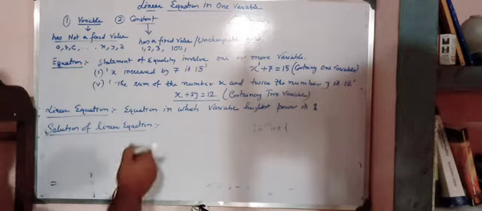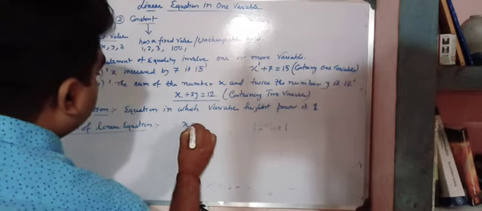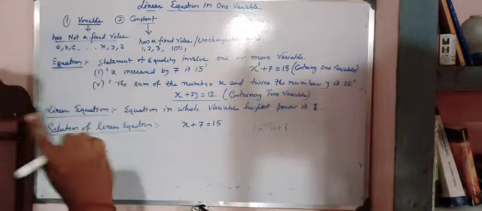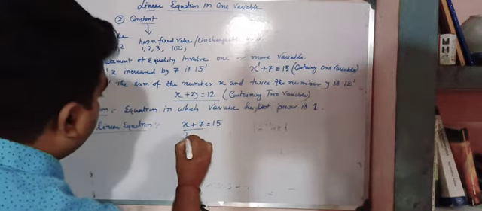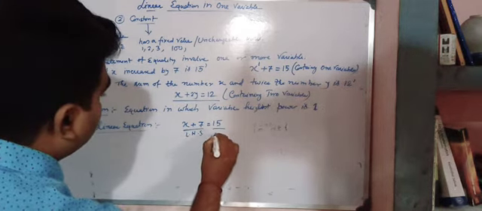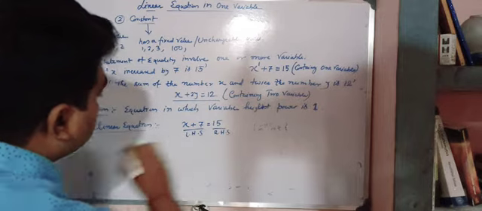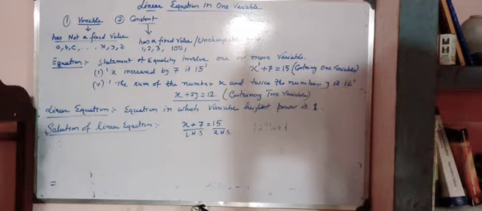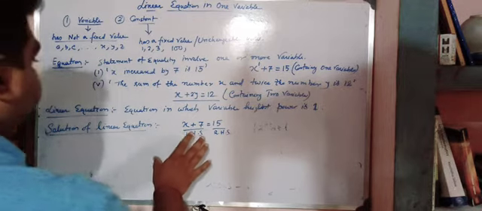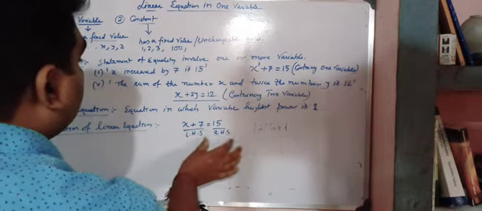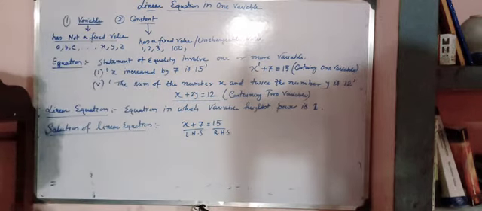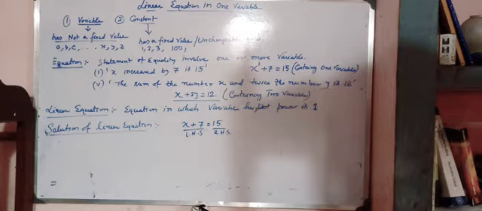Suppose we take x plus 7 is equal to 15. It has two parts, one LHS, another RHS. Understood? This is LHS, this is RHS. For what value of x the LHS will be equal to the RHS, that value is called the solution of that linear equation.